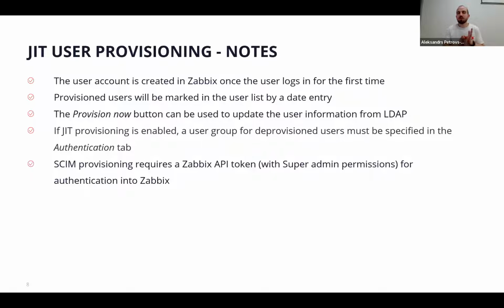And SCIM provisioning also requires a Zabbix API token with superadmin permissions. Of course, that means you can either generate a token for your own profile and then use it for SCIM, or you can create a separate user dedicated to SCIM and generate an API token for it, and specify how often it needs to be regenerated to keep things secure.